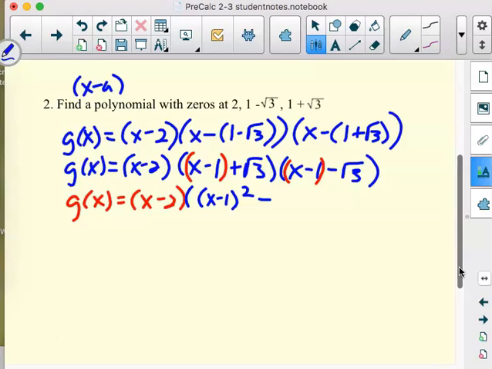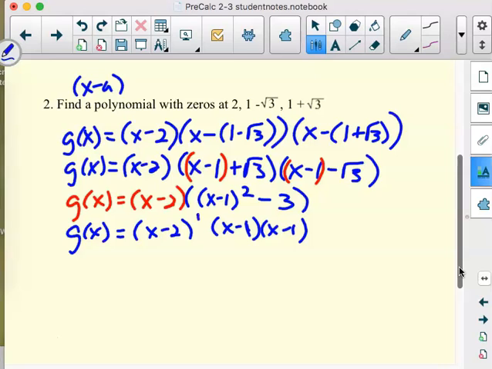So this will be minus the square root of 9, which is 3. Now, I have to expand out that x minus 1 squared. So if you have to, you write it out twice. But we need that expanded, so you can do FOIL on that. A lot of times by this stage in the year, people are kind of able to do that FOIL in their head.